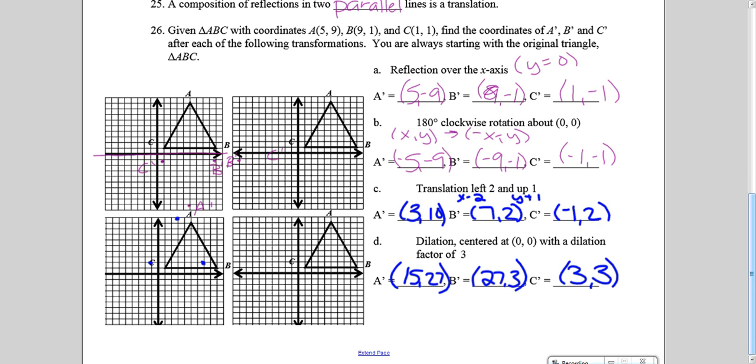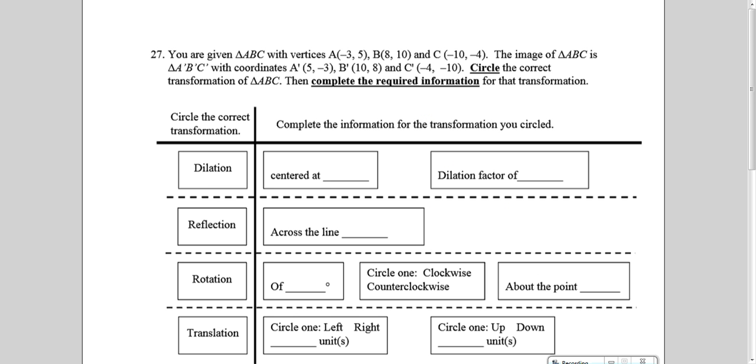Number 27. You're given triangle ABC with vertices A -3, 5, B 8, 10, and C -10, -4. The image is a triangle A prime, B prime, C prime with coordinates A prime 5, -3, B prime 10, 8, and C prime -4, -10.